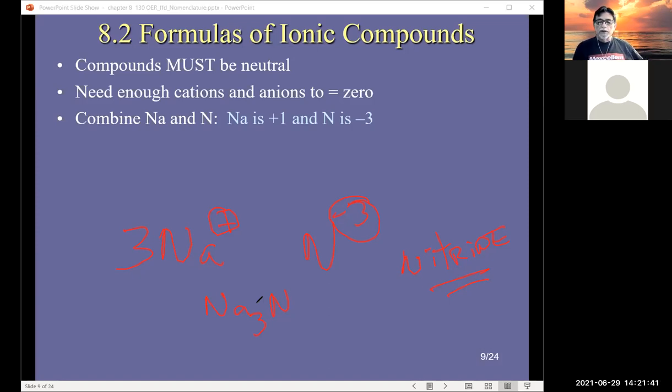So its formula would be Na3N. Its name would be sodium nitride. Okay, not sodium nitrogen, but sodium nitride. Now, what's the trend here? The element is nitrogen. When it becomes the anion, it becomes nitride.